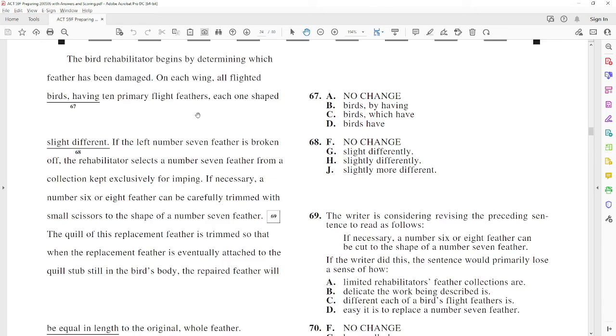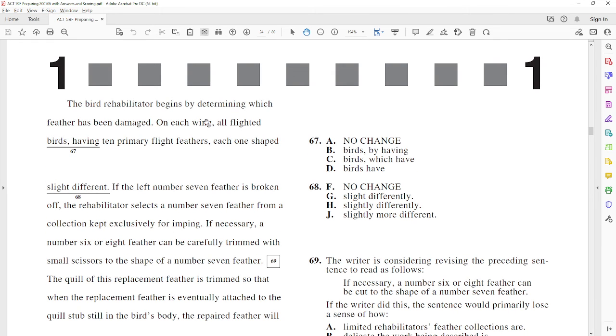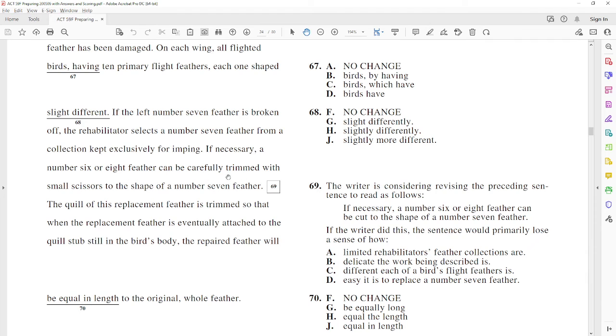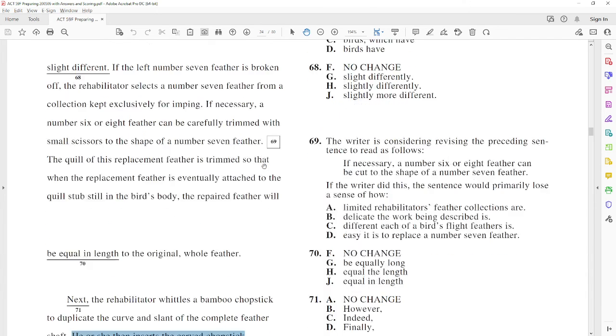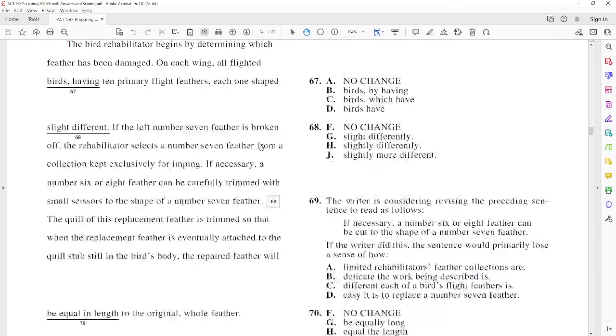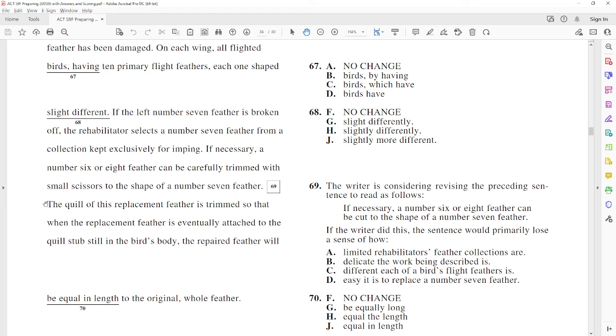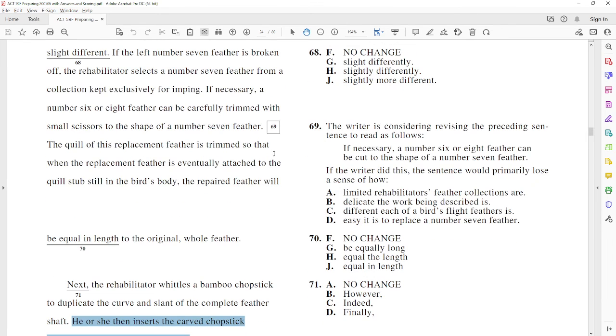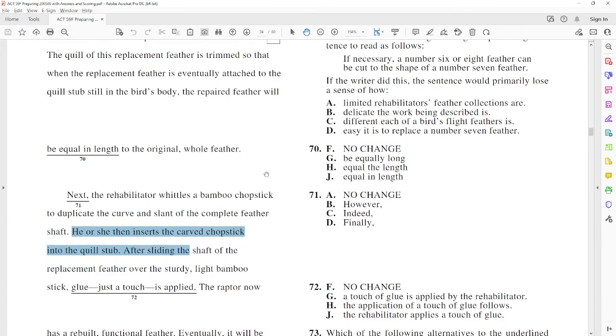We talked about begins by determining which feather has been damaged. And then if necessary, the quill can be carefully trimmed. So the first thing they had to do was examine and determine which feather is damaged. Then it gives details of how the feathers work. Then the person had to trim the replacement feather so that when it's eventually attached, it will be equal in length to the original.